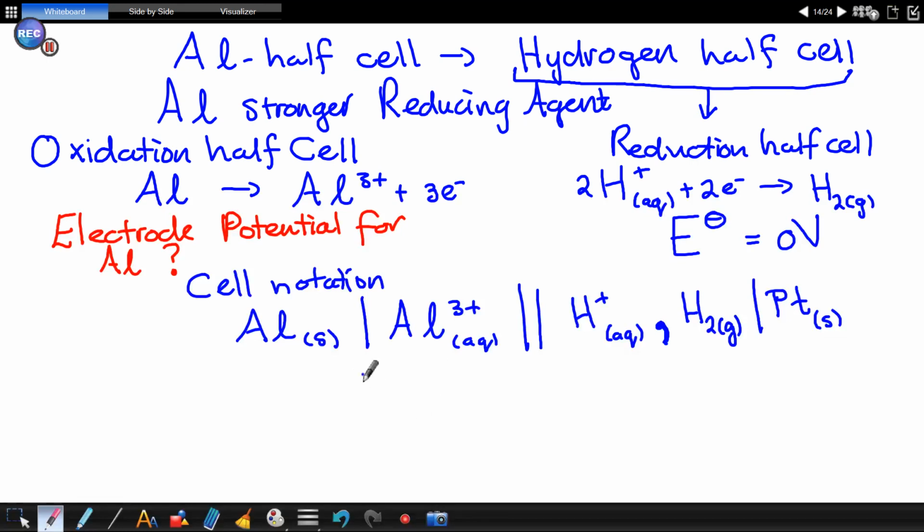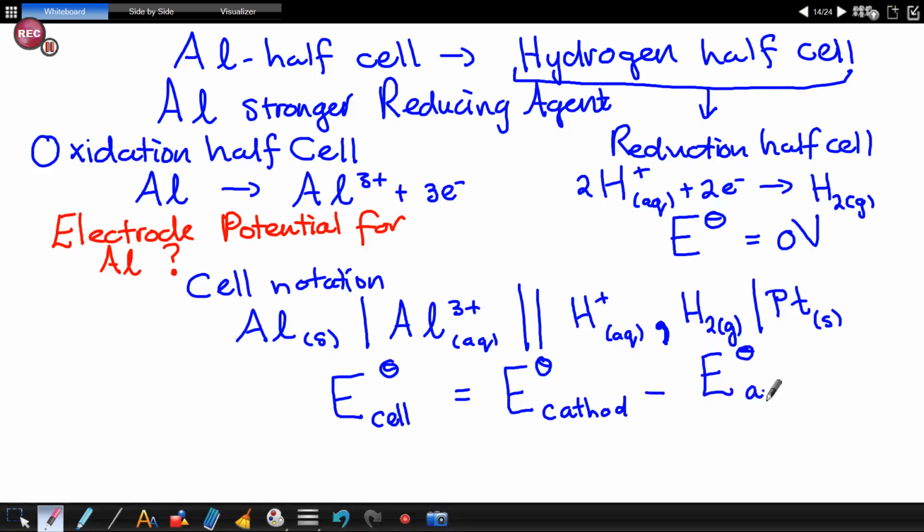To get my electrode potential for aluminium, the cell potential is what will be measured by the voltmeter between the aluminium and the platinum, and it is E cathode, the electrode potential for the cathode, minus the electrode potential for the anode. Which one is the cathode, platinum or aluminium?